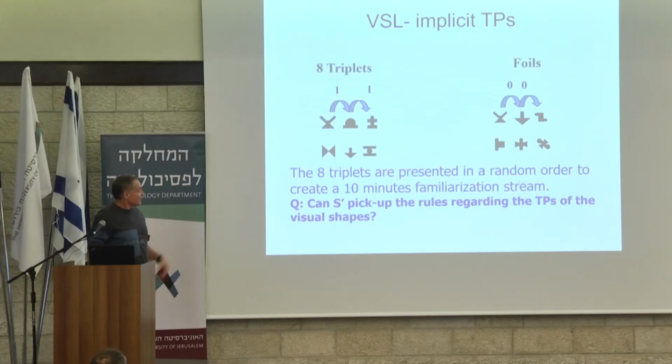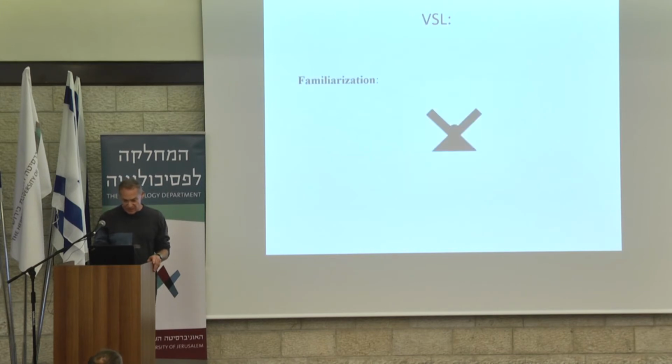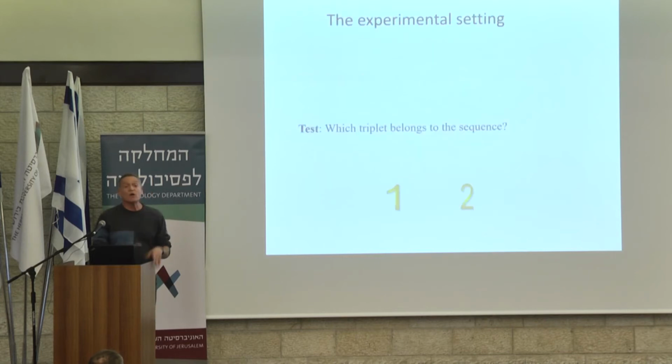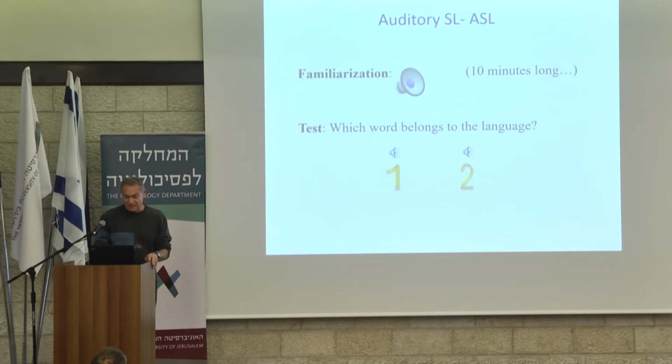Subjects simply watch this familiarization stream for 10 minutes, and then we ask them questions about the rules regarding the transitional probabilities in the stream. Basically it looks like this. You would see this for 10 minutes, if you don't fall asleep. After you've seen that, we would ask you which triplet belongs to the sequence. Is it this one or this one? This is a typical task.